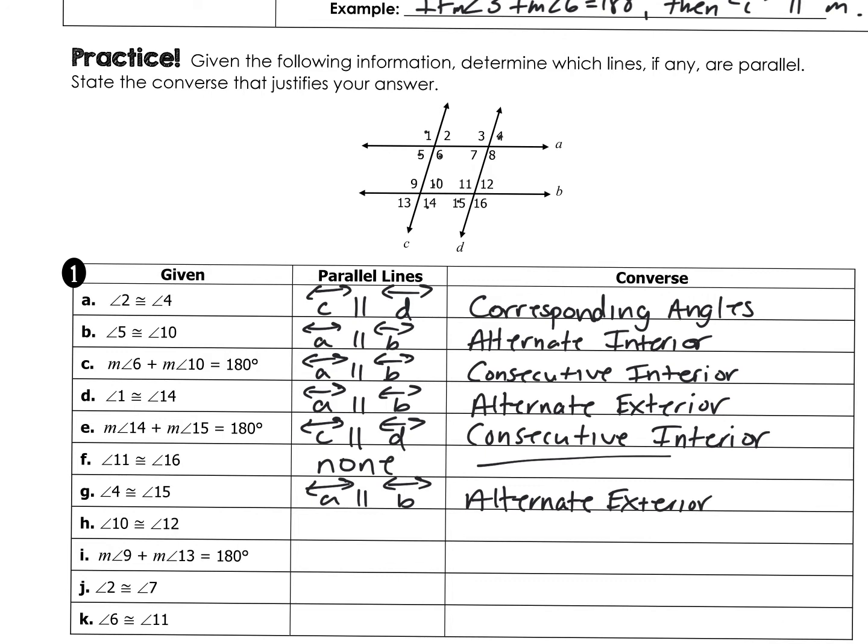Okay. Angle 10 and angle 12 are corresponding angles on transversal B, so that proves line C is parallel to line D, and that's going to be corresponding angles.